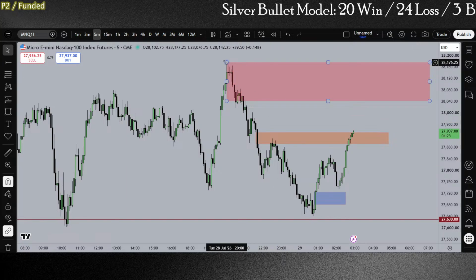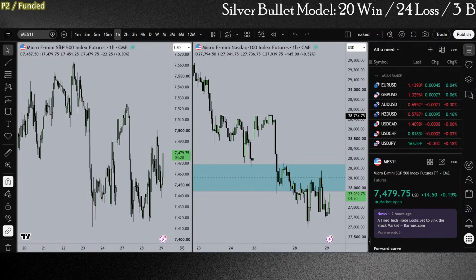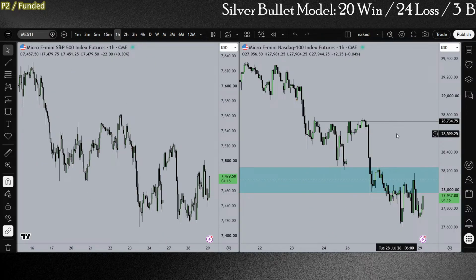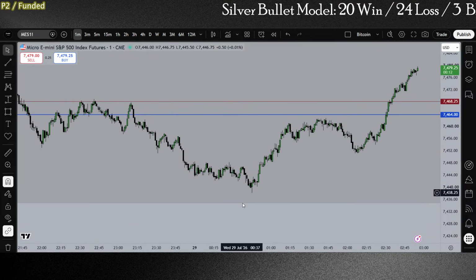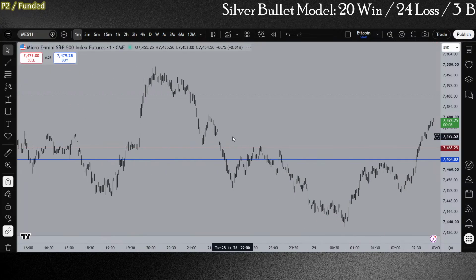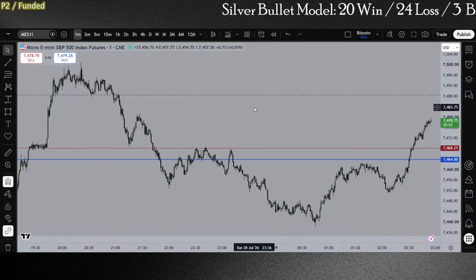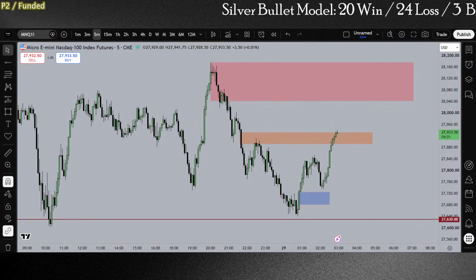Overall, lots of buy-side liquidity above this high, it feels like. And it also feels like we made some stopping from dropping.